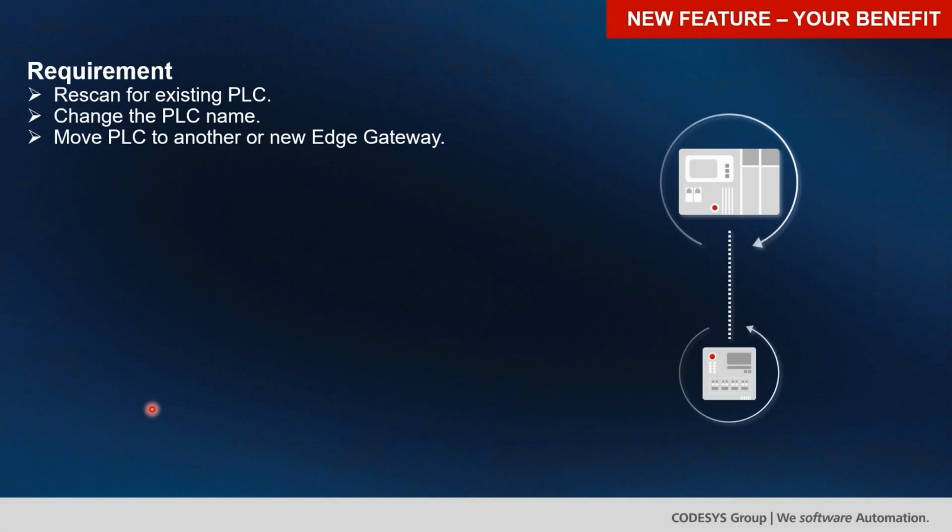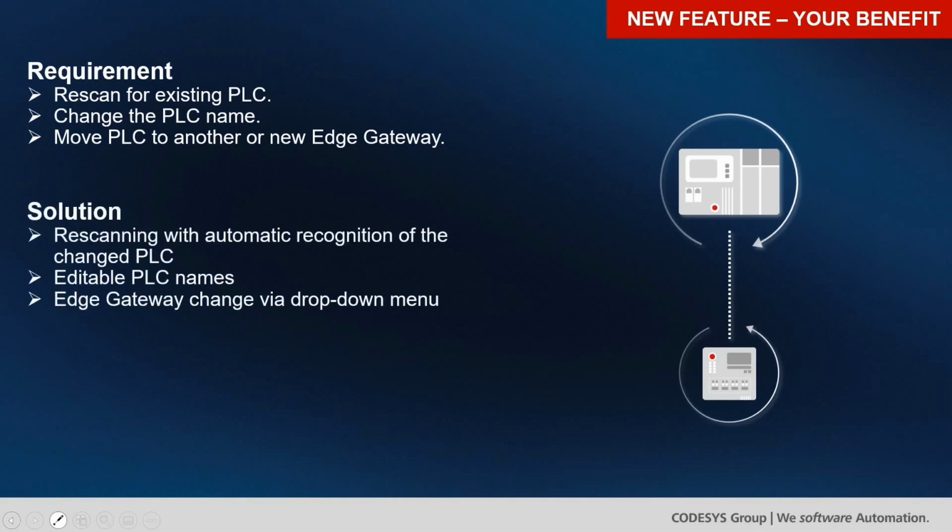Another requirement was that it should be possible to rescan for existing PLCs, for example, if their name changed, or also to have the possibility to actively change the name of a PLC once it's been connected to the Automation Server. And it should be possible to move a PLC to a different edge gateway. The solution is that we now have an automatic rescanning for PLCs that are already connected to the Automation Server but have changed in their name or in their connection status.